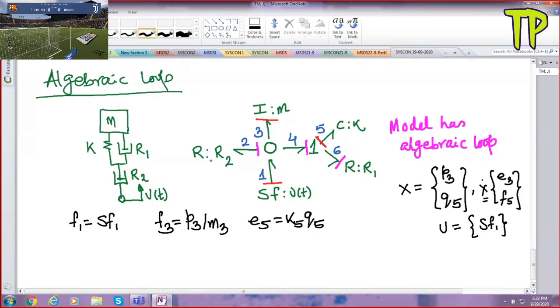But sir, the U matrix needs all of the effort and flow sources. Suppose this is in the horizontal plane, then you don't require it. If it is in the vertical plane, it's fine. If it is in the horizontal plane, you don't have mg. All right. So if mg is not given, you don't consider it.